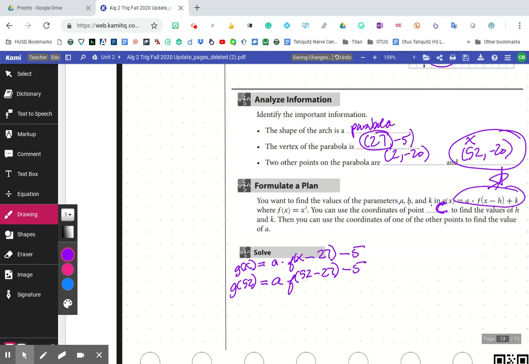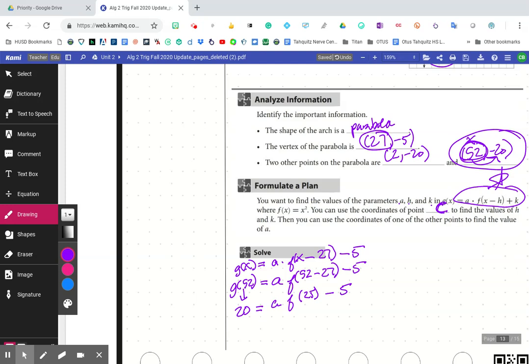All right, I happen to know that the value, when I plug in the x, my y value for that g is negative 20. So I'm substituting that in for this. And then 52 minus 27 is 25 minus 5. Okay.